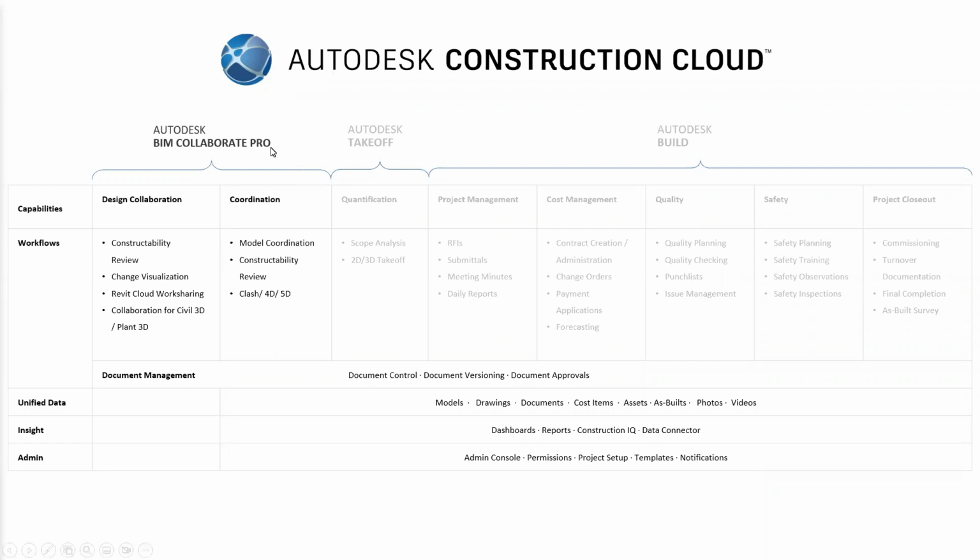So to summarize, the Autodesk Construction Cloud is the cloud-based CDE platform, and Autodesk BIM Collaborate Pro is the license in which you buy to have access to the design collaboration and coordination-based features within the Autodesk Construction Cloud.